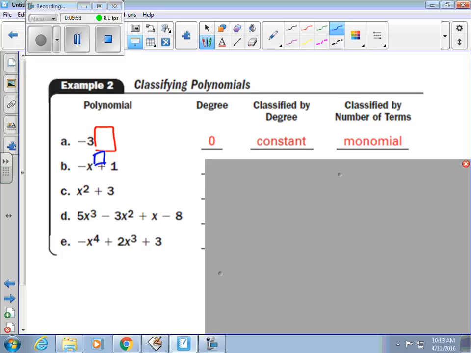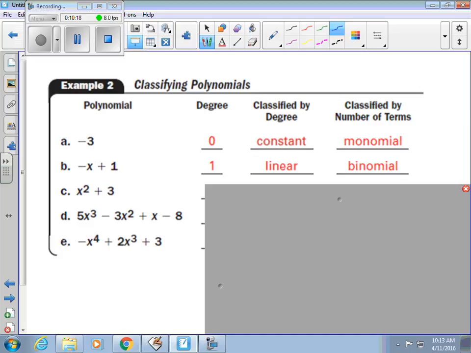When something has a degree of 1, like y equals mx plus b, everything we've learned in here so far, you classify it as linear. How many terms do they have up here? There's 2 of them right there. So that is a binomial. Its degree is 1. It is a linear expression, and it is a binomial.